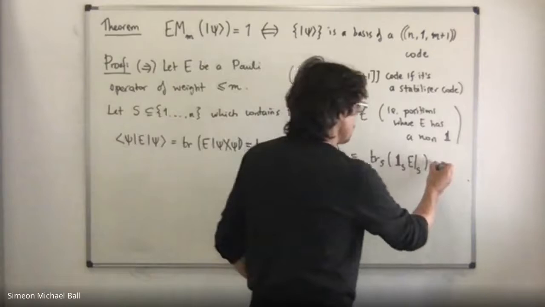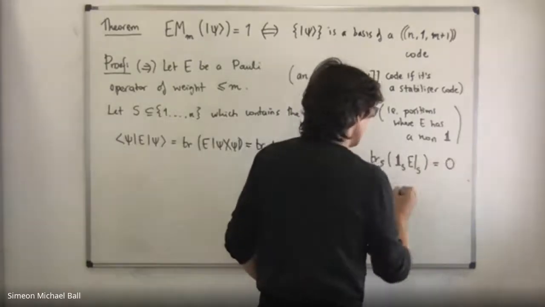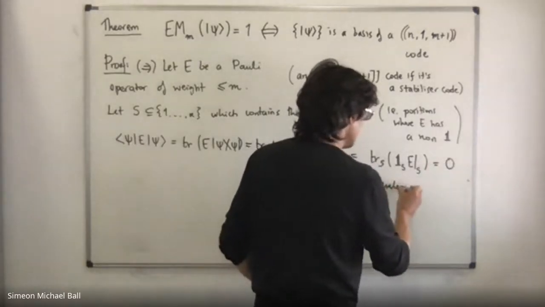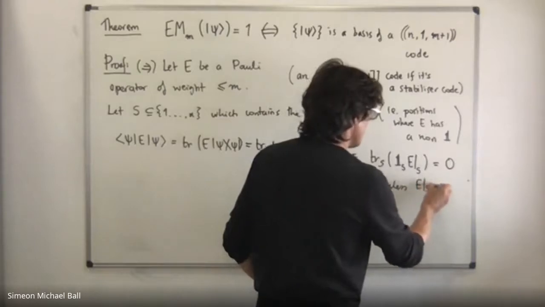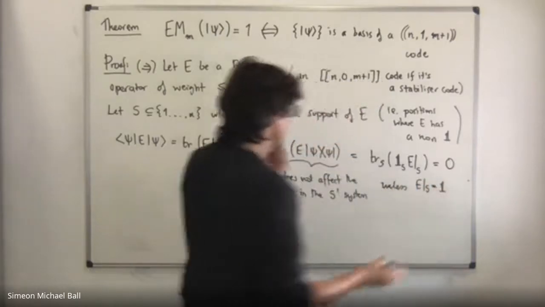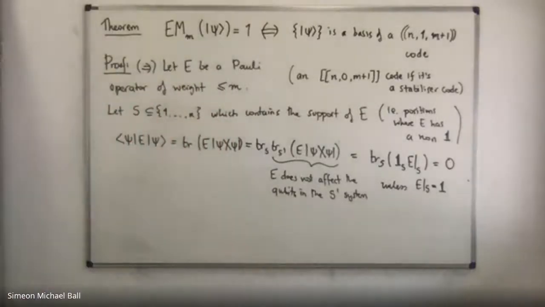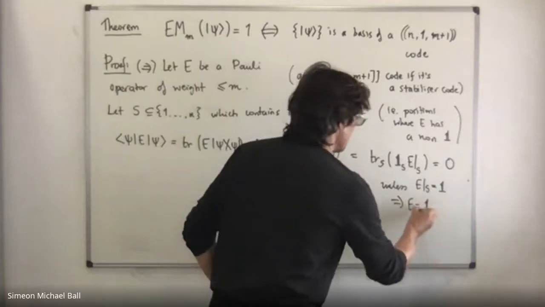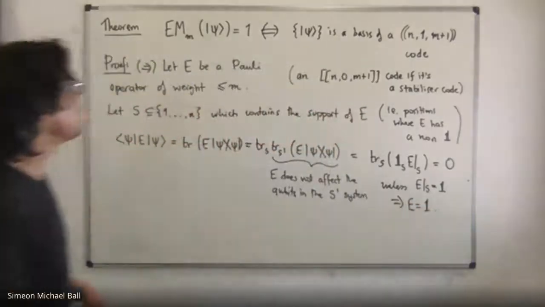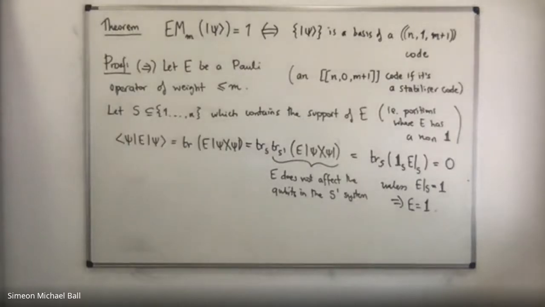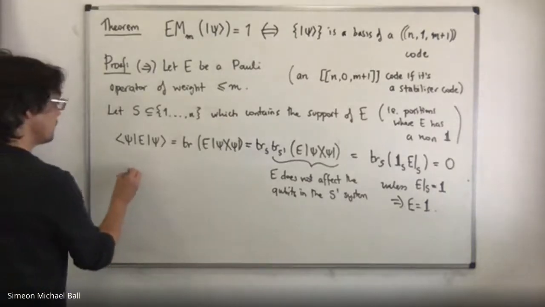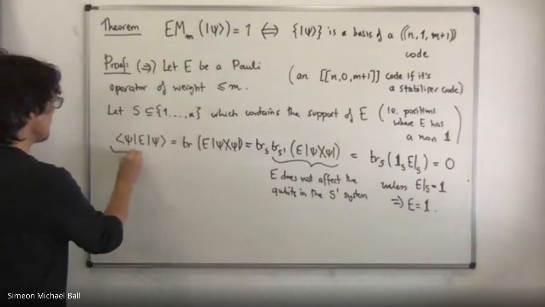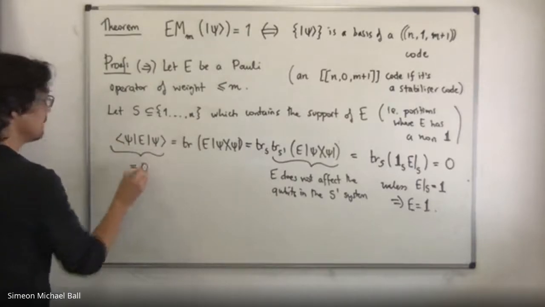And then as we've seen before, this is going to be 0 unless E restricted to S is equal to 1, so we're assuming that it's not the identity. Of course. Okay, so we managed to prove that this thing here is indeed equal to 0.